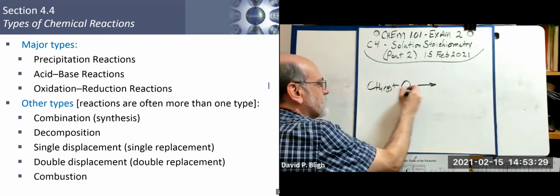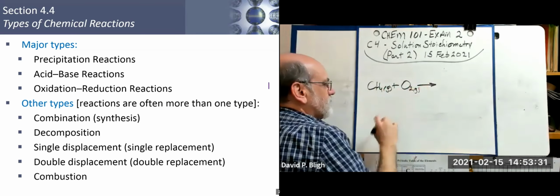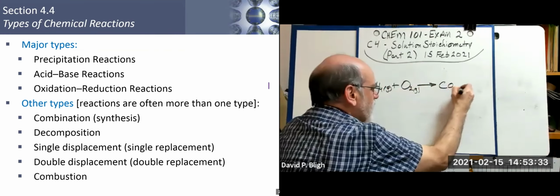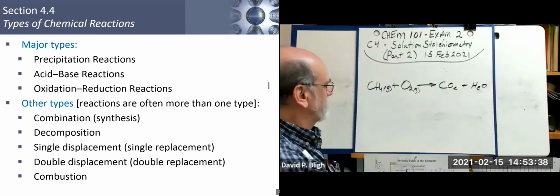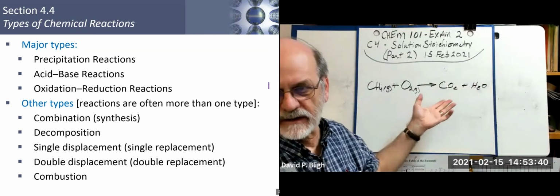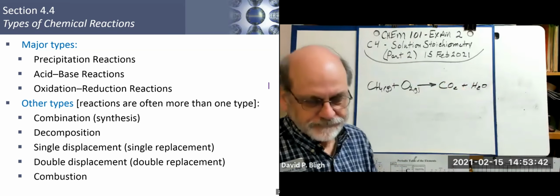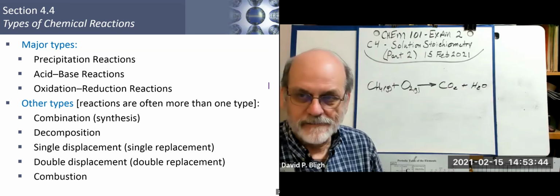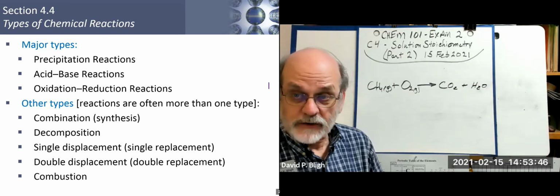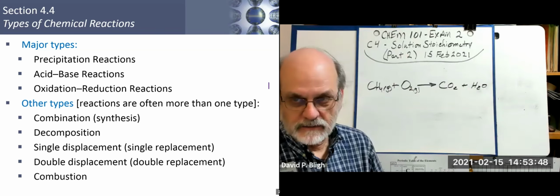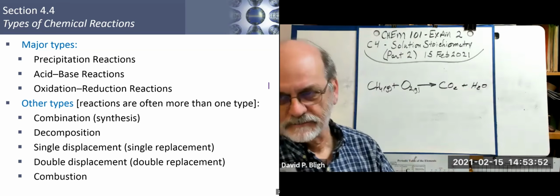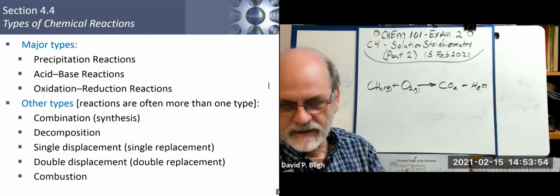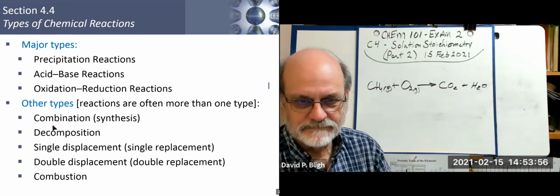So that's a gas, this is a gas. And they'll produce carbon dioxide and water. Now that's not balanced, but those are the products. That's a combustion reaction. It's also an oxidation reduction reaction. And I'll have to prove it to you first. But I'll just throw that out there and then we'll come to that in a minute.